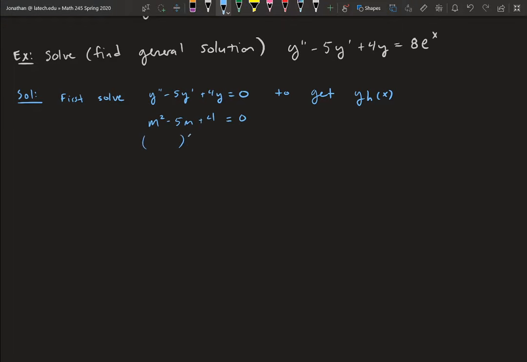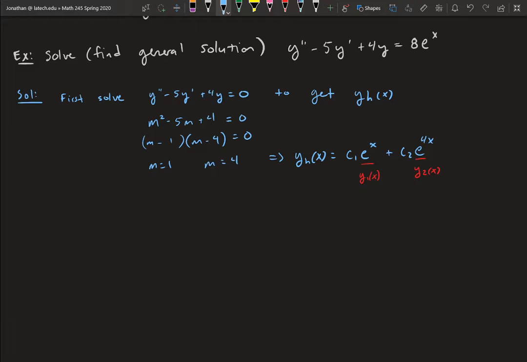We can factor that: m minus 1, m minus 4. So m equals 1, m equals 4. Then y sub h equals c1 e to the x plus c2 e to the 4x. So here's our y1 of x, and here's our y2 of x: c1 y1 plus c2 y2.